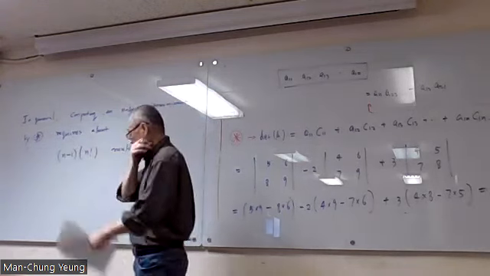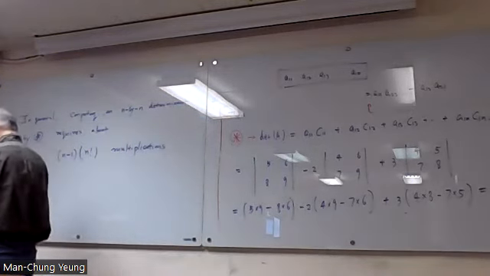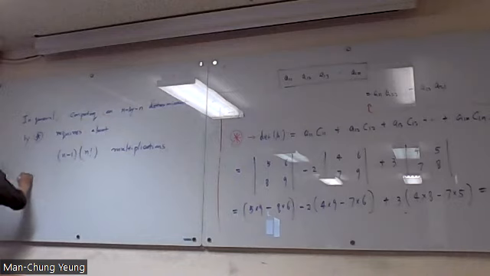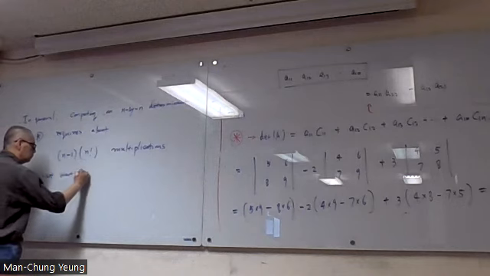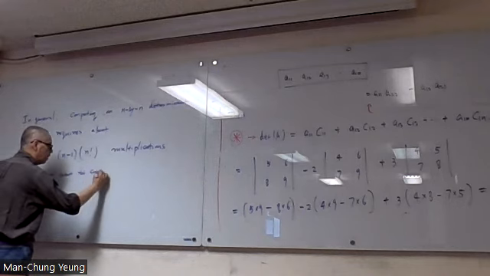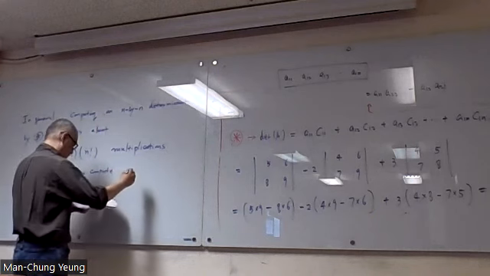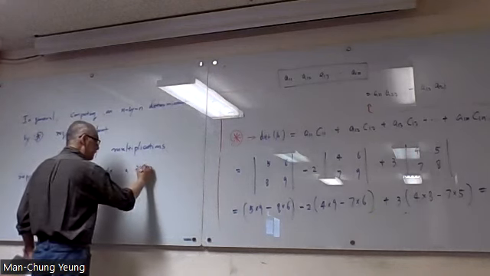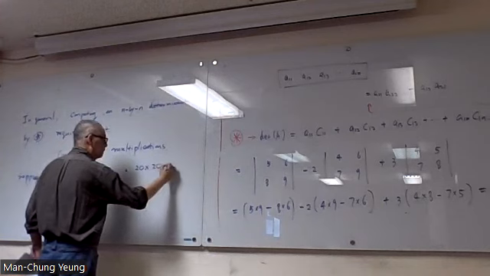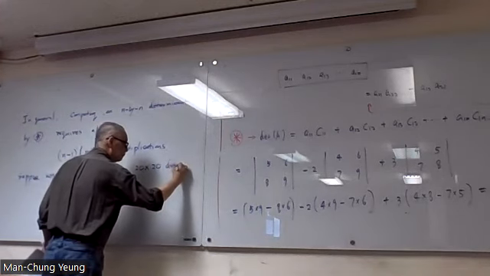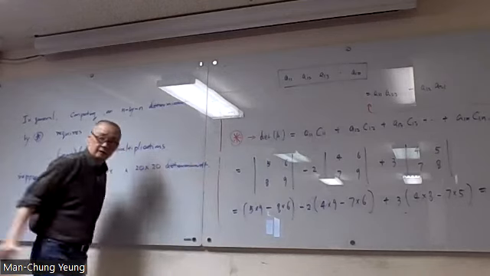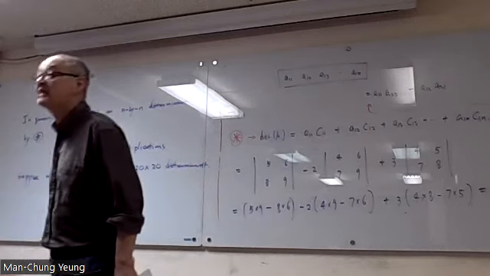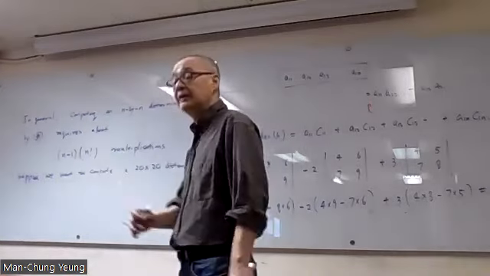For example, suppose we want to compute a 20 by 20 determinant. A very small size determinant, 20 by 20.